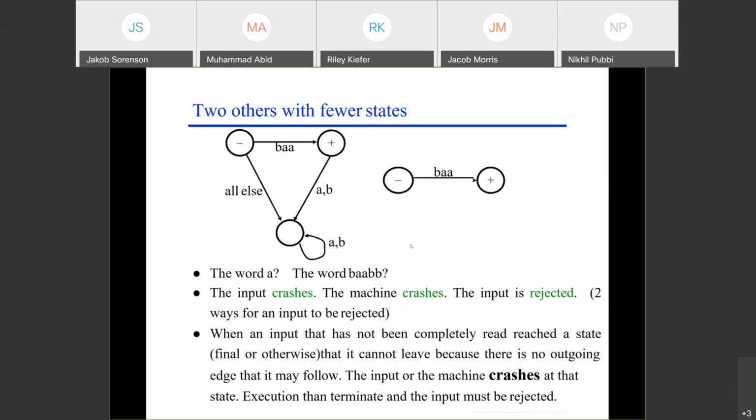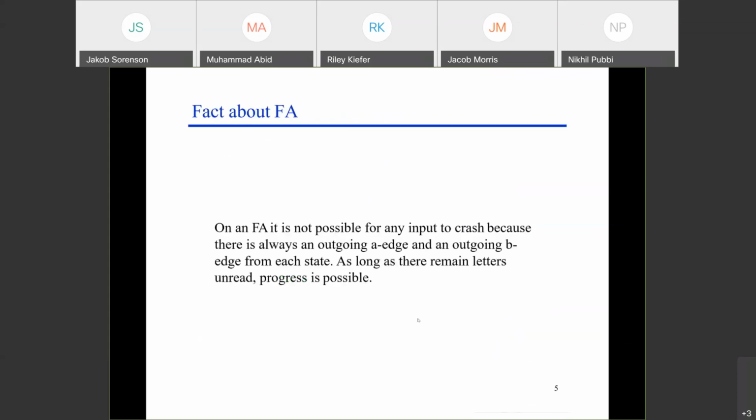Now look at this one. In an FA, it is not possible for any input to crash. Why? Because we take care of garbage collection. Every state makes 100% sure that the outgoing edges take care of all the A's and B's.